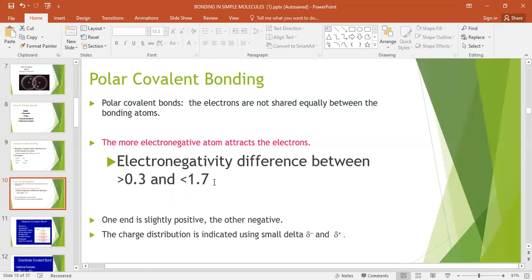The charge distribution is indicated using a small delta, negative and positive. So whenever you see partial positive and partial negative, it means which type of bond? Polar bond. Clear now?